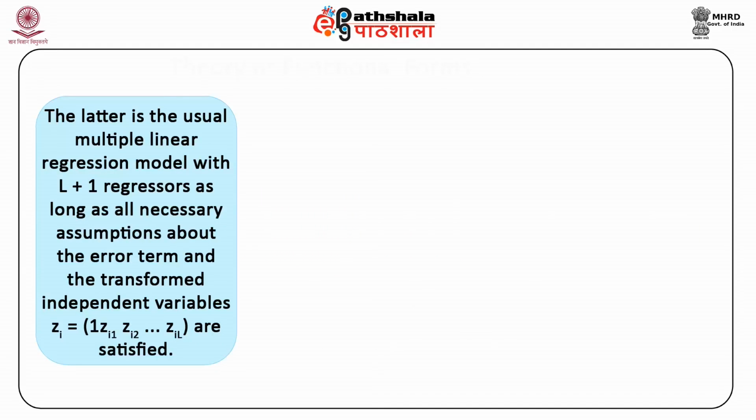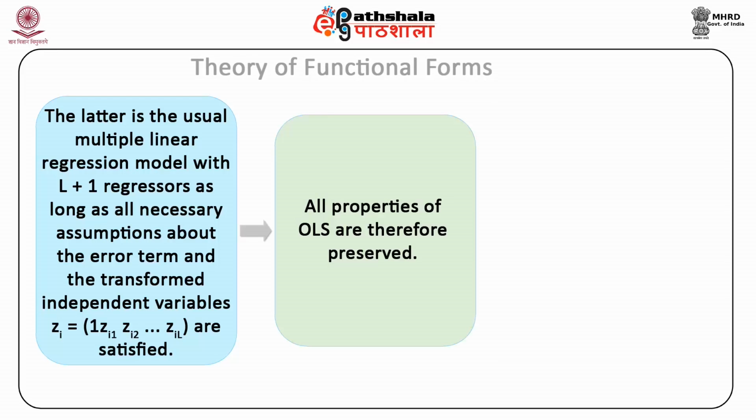The latter is the usual multiple regression model with L plus 1 regressors, as long as all necessary assumptions about the error term and the transformed independent variables zi equal to 1, zi1, zi2, ... ziL are satisfied. All properties of OLS are therefore preserved.